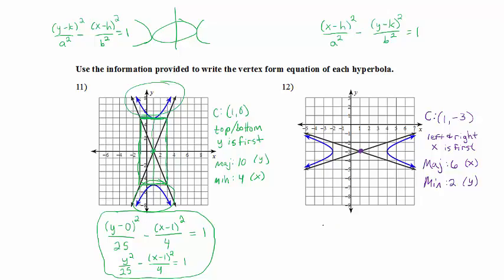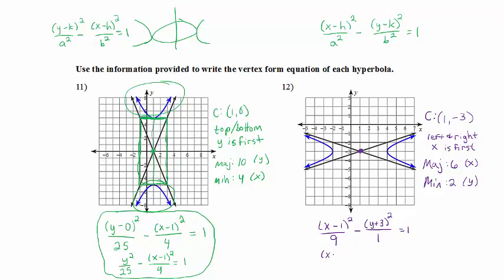Since x is first, I would have x minus 1 squared over something minus y plus 3 squared over something equals 1. You're going to half and square 6 and 2, so halving and squaring 6 gives you 3 and then 9. Halving and squaring 2 gives you 1 and then 1. This is another case where it's technically better for us not to write it as over 1.